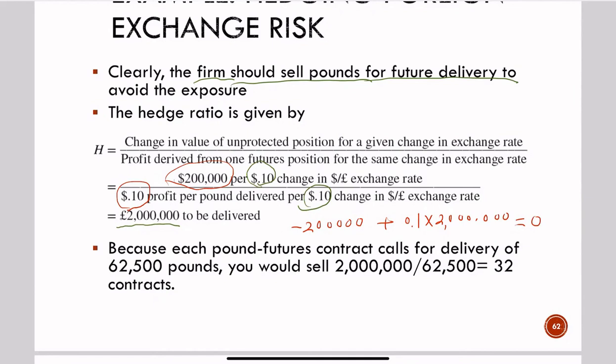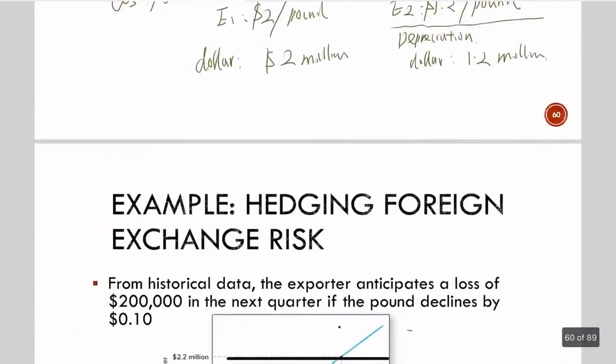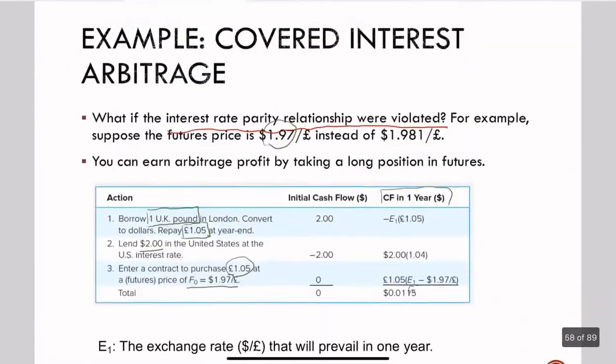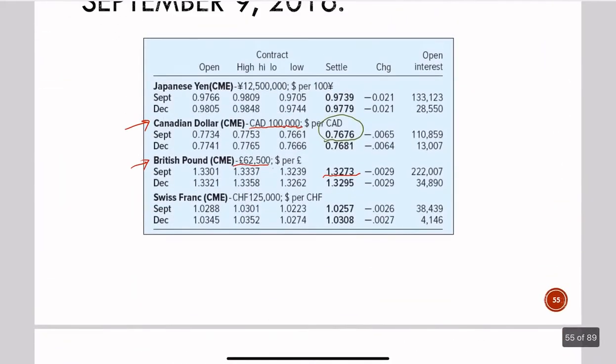And in terms of how to implement this, you can see that for each pound futures contract, you have to deliver 62,500 pounds. So we basically could get this number from the table here. Right?